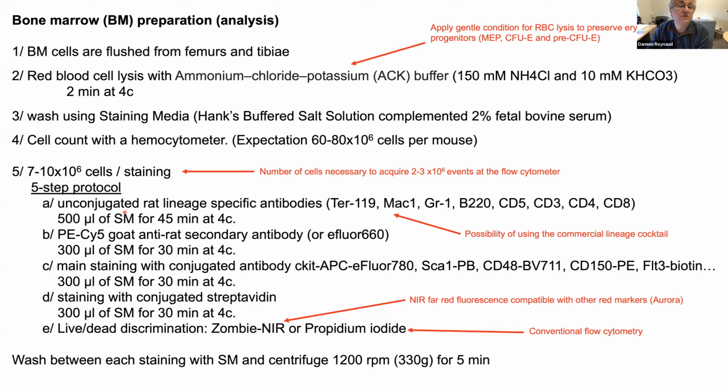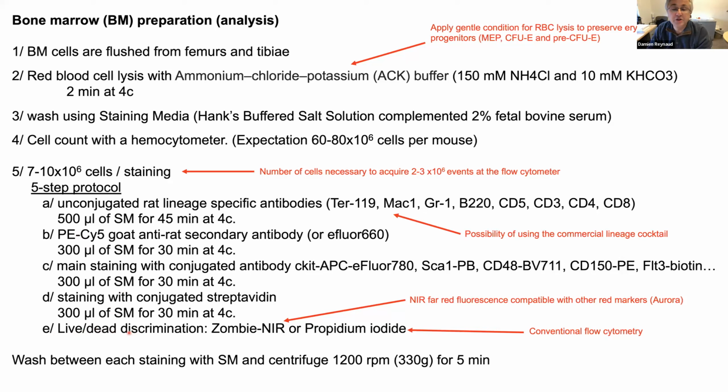As I said, we use this complicated system with unconjugated rat lineage and goat anti-rat. I know there is the possibility to use a commercial lineage cocktail, which is already stained. The difficulty for us is that none of these commercial lineage cocktails is conjugated with PSI5, which I prefer to use as a dump channel.